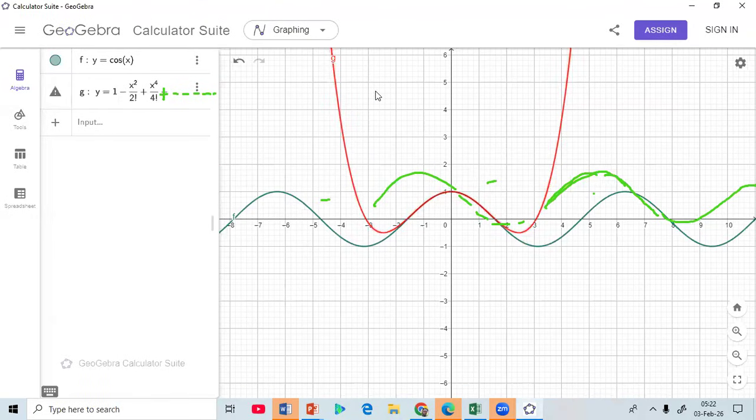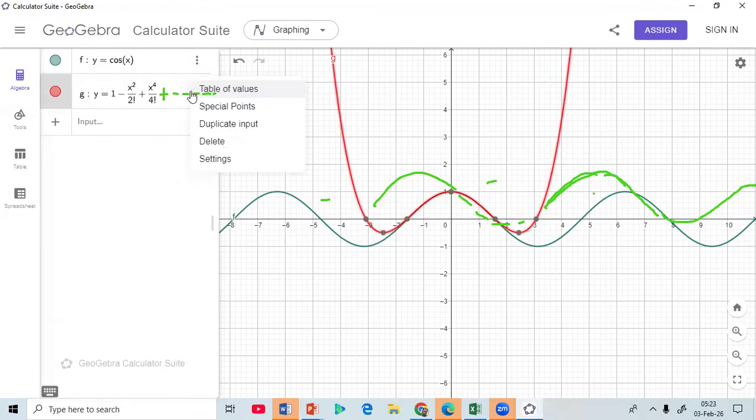I think the next one is going to be minus x power 6 over 6 factorial, then plus x power 8 over 8 factorial.